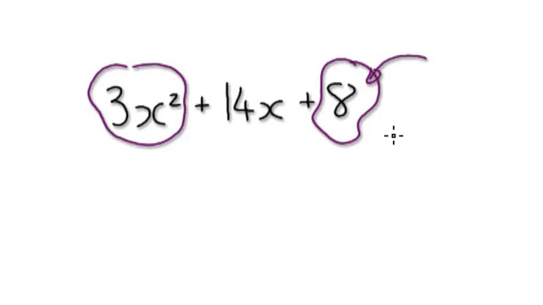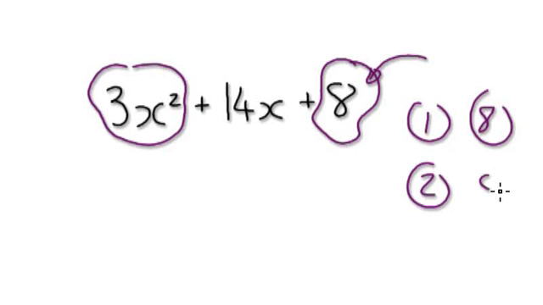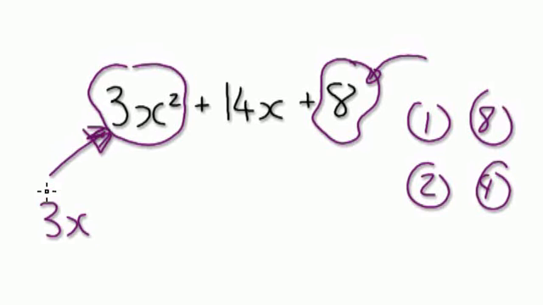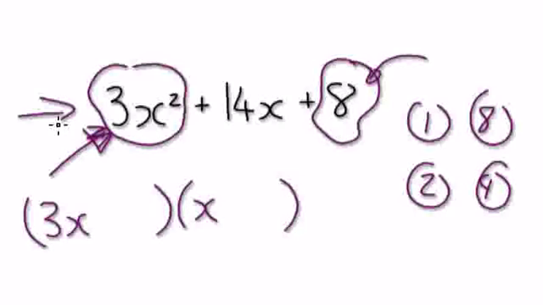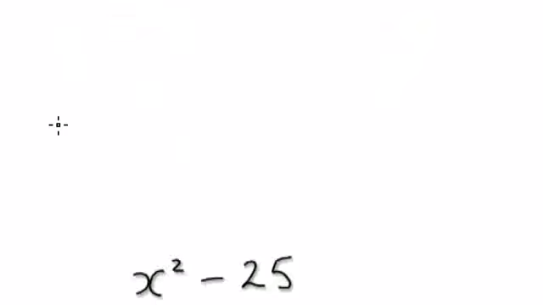Think of two numbers that multiplied together give you an 8. That would be 1 and 8, or it could be 2 and 4. And then here you've got to think how you could create a 3x squared here. You could think of it as like this. If you don't understand what I'm talking about here, watch the previous 2 videos.